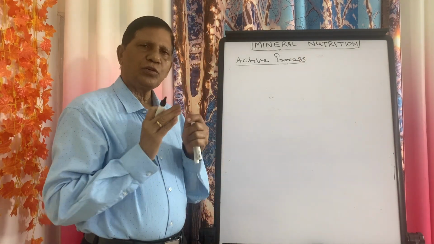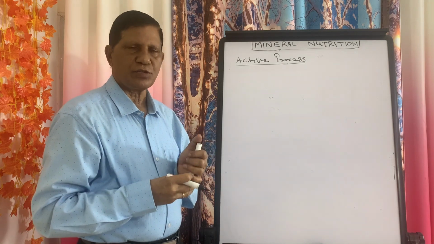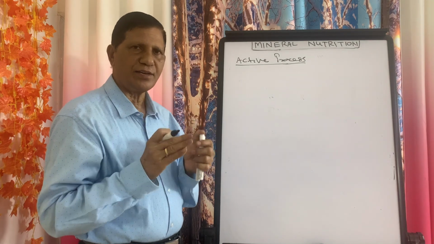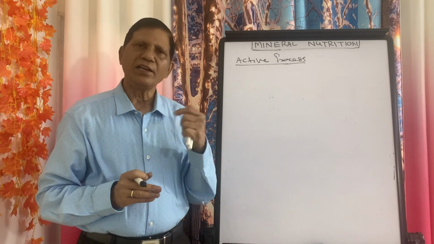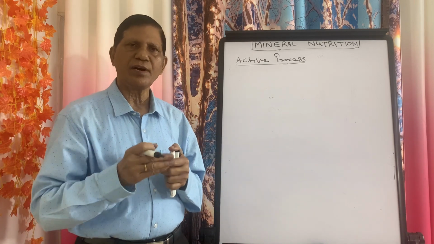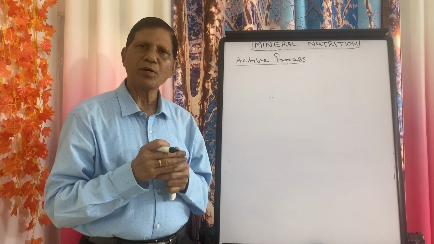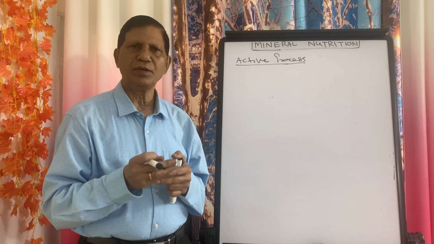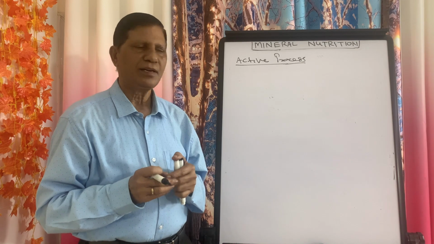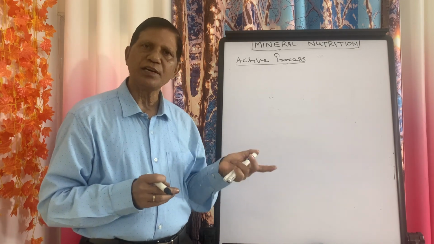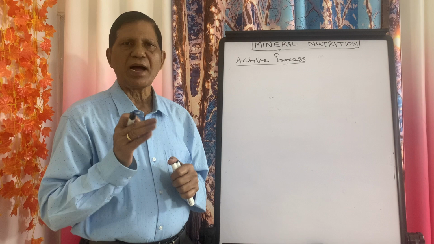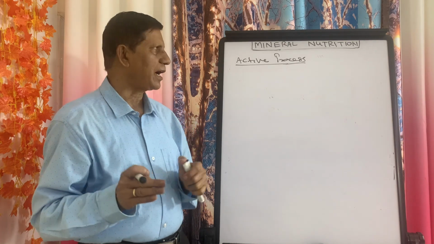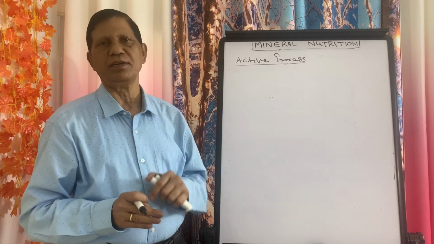Now, when both active and passive processes take place, in case of ions, what actually happens? Earlier we have discussed the absorption of water, and maximum amount of water, nearly 96% of water is absorbed passively, only very less amount actively. But in case of salt absorption, it is just reverse. Maximum amount of salts are absorbed actively, not passively.